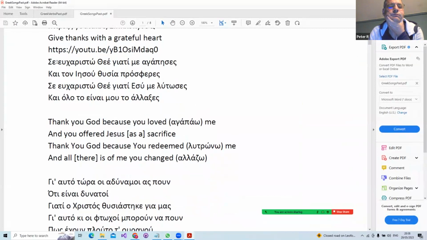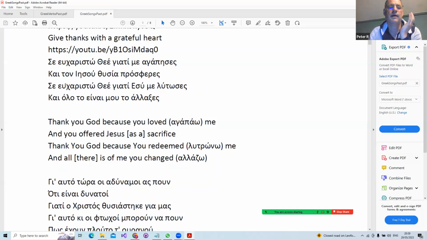Σε ευχαριστώ, Θεέ, γιατί με αγάπησες και τον Ιησού θυσία προσφέρες.